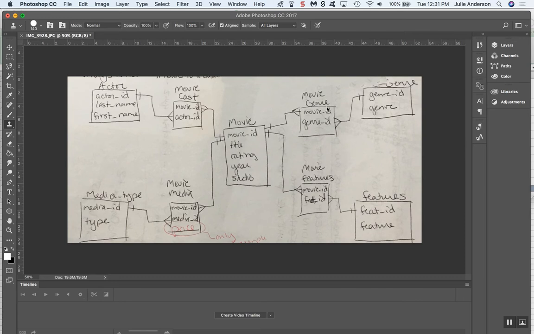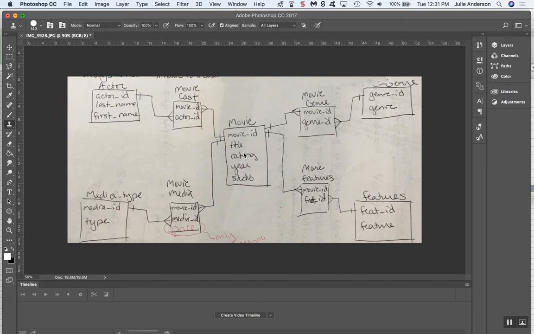So you'll see that most of these are also many-to-many, so they're kind of repeated again and again. Movies can belong to many different genres. Genres can show up in lots of different movies. So, again, it's a many-to-many with a composite key. Movies can have many different features. These features can show up in many different movies.